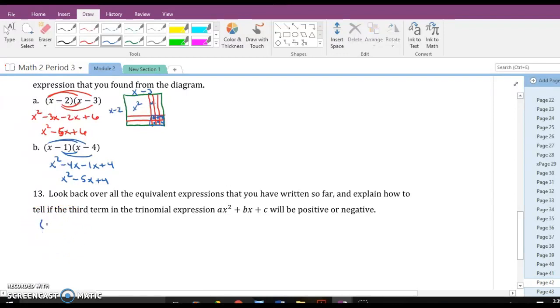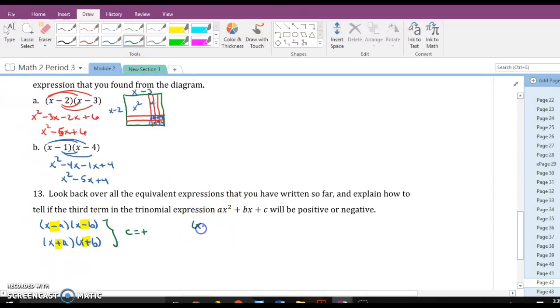Well, no matter what, if both signs are the same, meaning x plus a, x plus b, if both of them are subtraction or both of them are addition, what's going to happen? C will be positive.